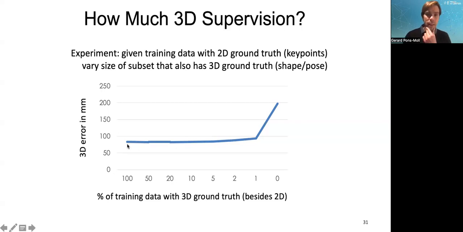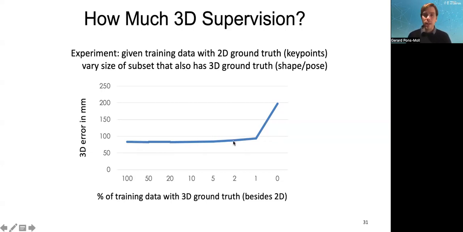And what is interesting here is that the error is not going up quickly. On the contrary, it's staying more or less the same until you have less than about 2% of 3D data. As soon as you have less than 2% of 3D data, the error goes up quite high. So the reading of this is that if you have a bit of 3D data in your training set, the network is implicitly learning some sort of prior over pose and shape.